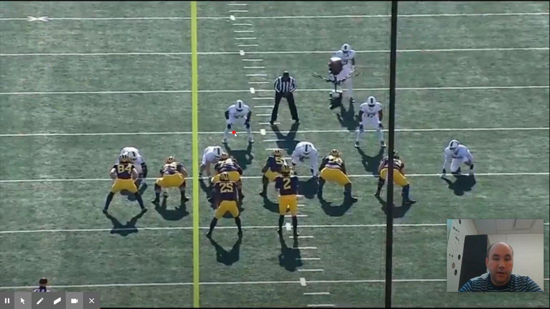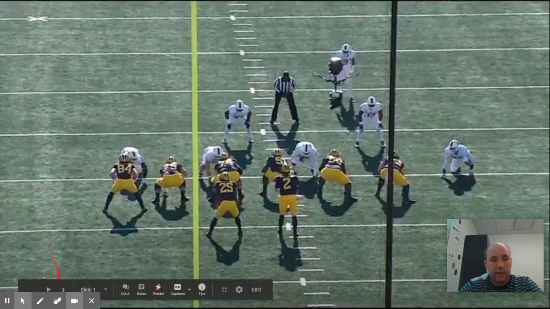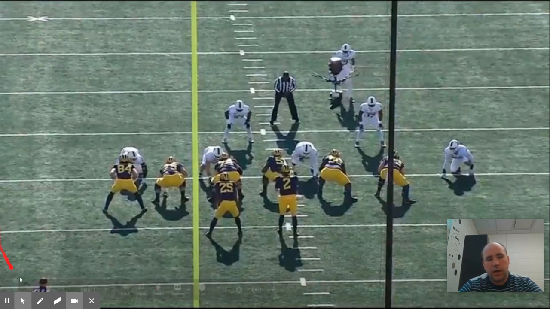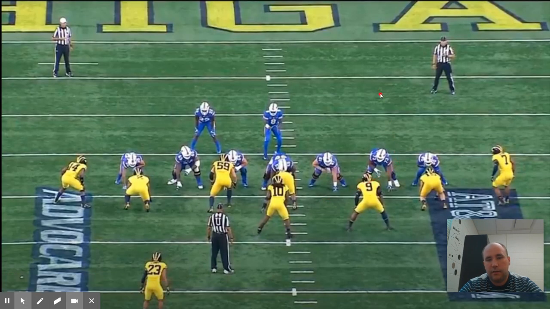If you're mixing those a ton and you're going to see a bunch of different looks, it might help to have rules for those different plays. But I don't believe that that's a necessity at the high school or even the college level, in my experience thus far. Okay. So that's a good example of a 4 down structure.